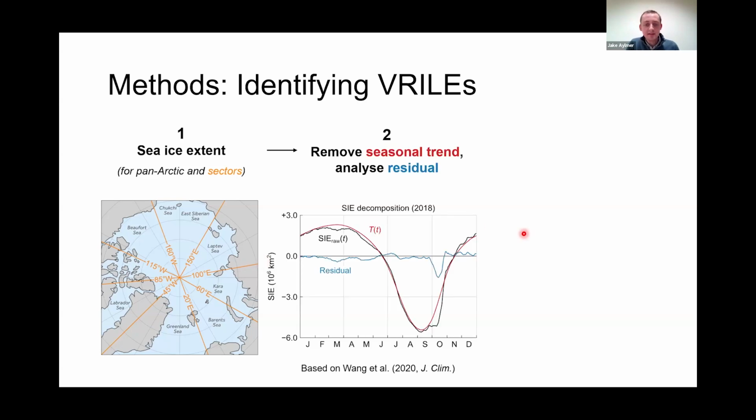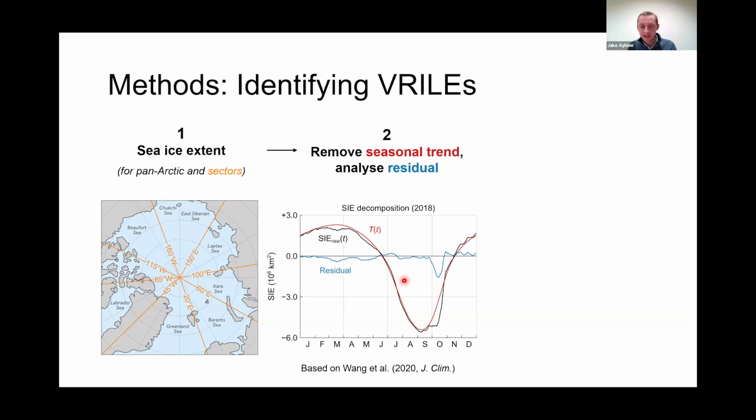Then we need to detrend the data, because obviously there's a long-term trend which we're not interested in, but we also want to remove the seasonal cycle. The reason for that is that if you have a rapid ice loss event occurring in, say, May, you already have a background decline of the sea ice at that point, which is very different to, say, July, where it's typically at its strongest point.